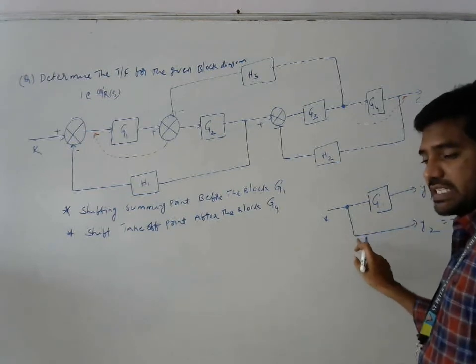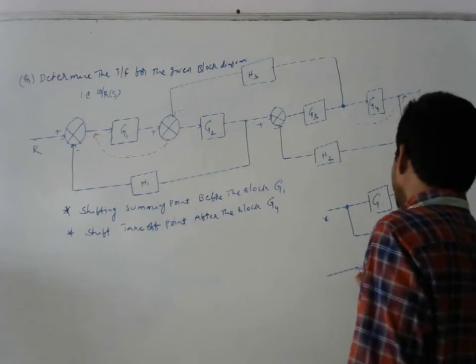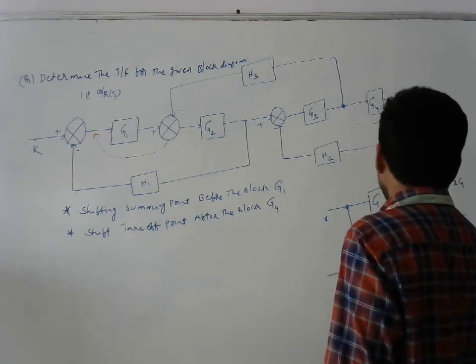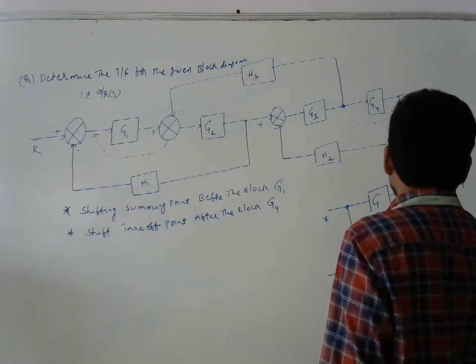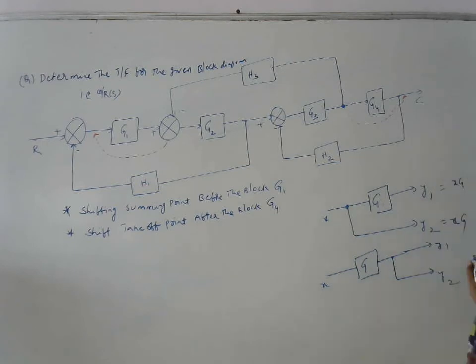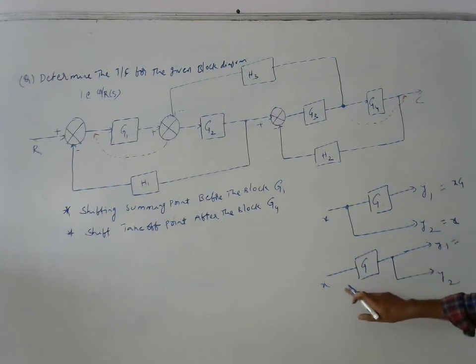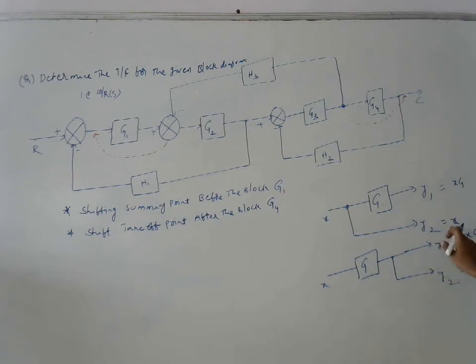But I am going to shift this takeoff point after the block. This is G; I shift the takeoff point here and get Y2, and this is Y1. Y1 is X into G. Y2 is also X into G, but we require Y2 to be only X, so we need to multiply by 1 by G. Very simple.